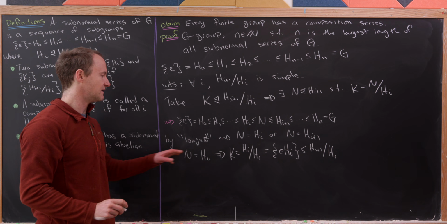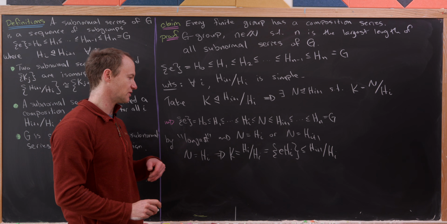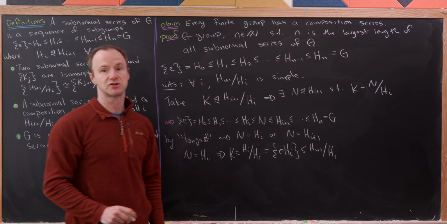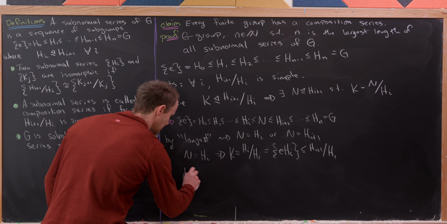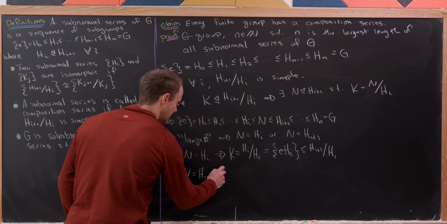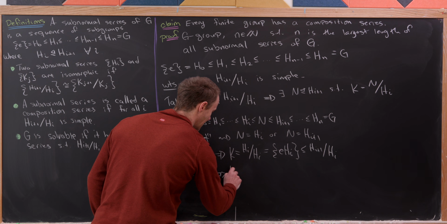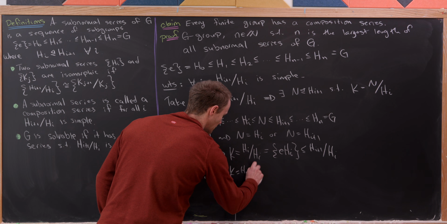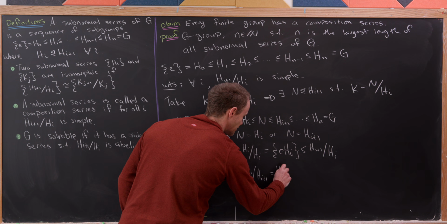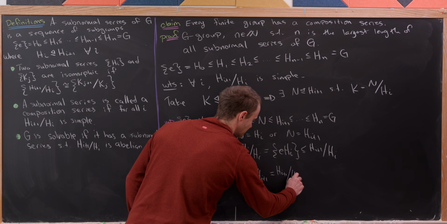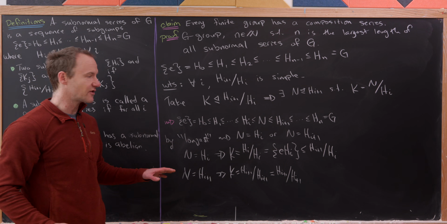So again, in this case, we started with a normal subgroup and we got that it's the trivial group. Now let's see the other case. If N is equal to H_{i+1}, then that means that K is equal to H_{i+1} mod H_i, which is the whole group. So, that's the other case.